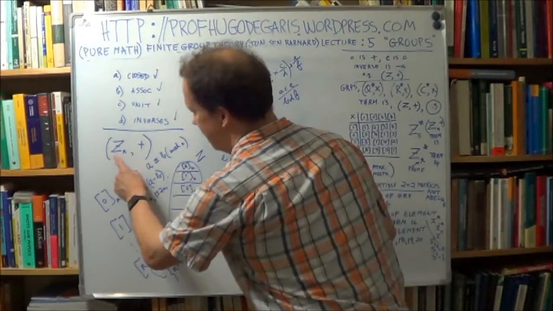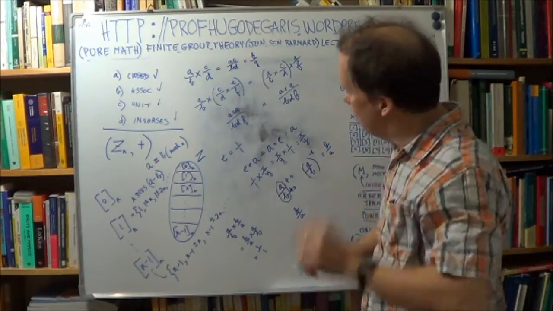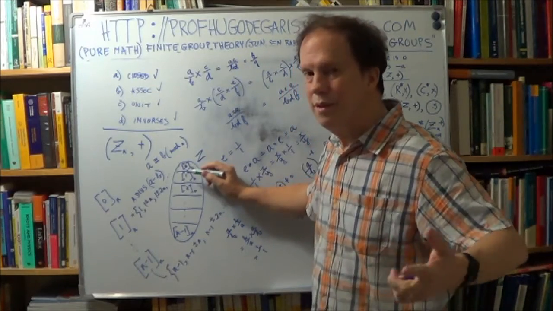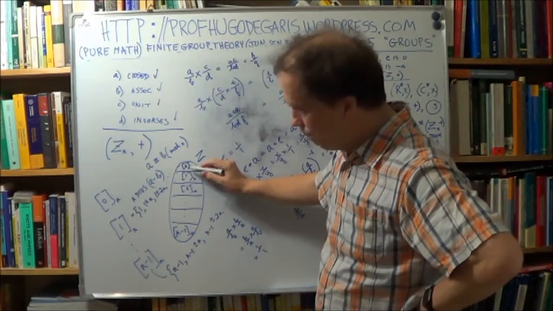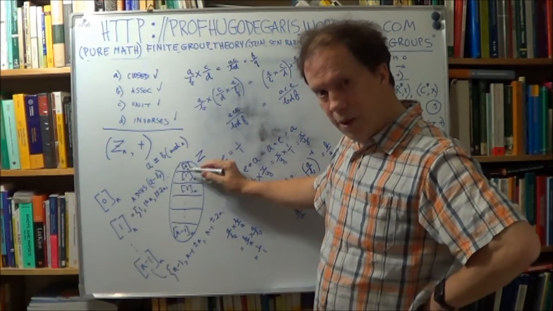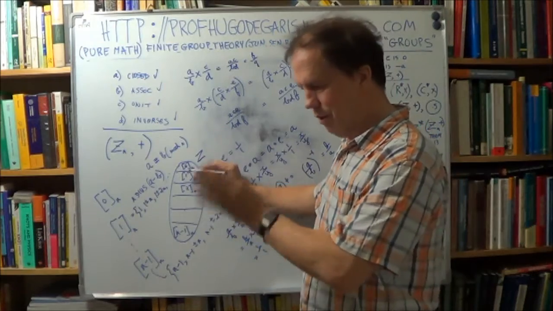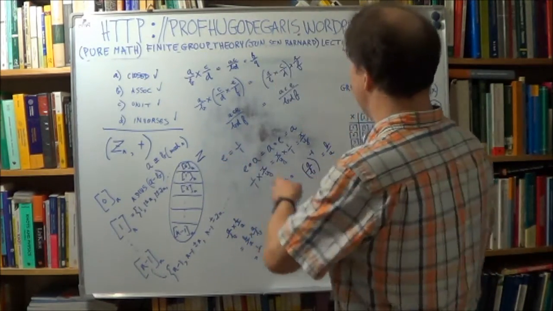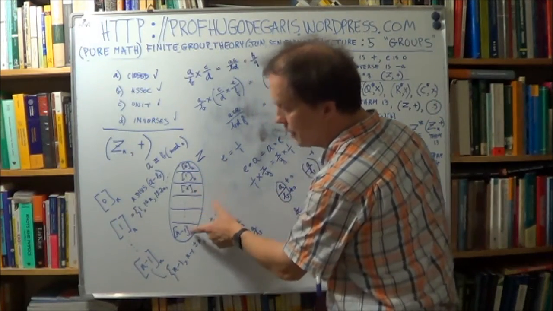So what is Z subscript n? Well, this is a class. It's a set, right? And each of these residue classes is a set, an infinite, discrete, countable set. So Zn is in fact the set of these sets.